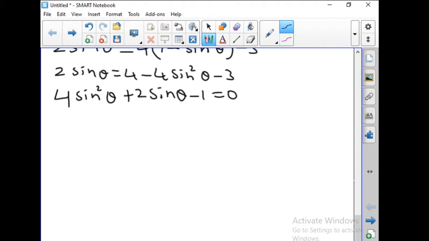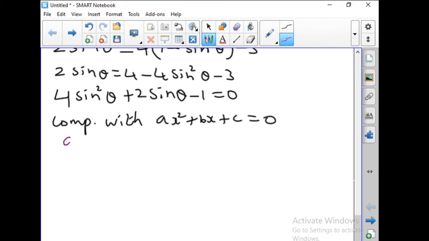So now, considering as we did in the previous problem, this is a quadratic equation in sin theta. Therefore, comparing with ax square plus bx plus c is equal to 0, what we get? A is equal to 4, B is equal to 2 and C is equal to minus 1.